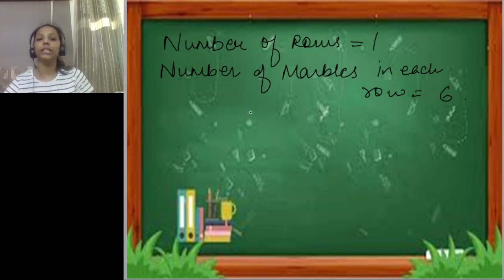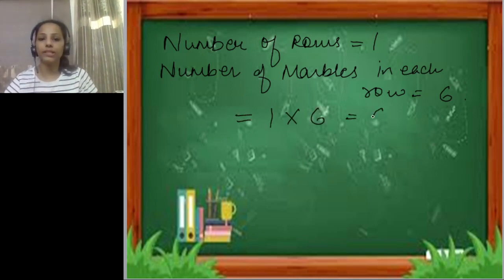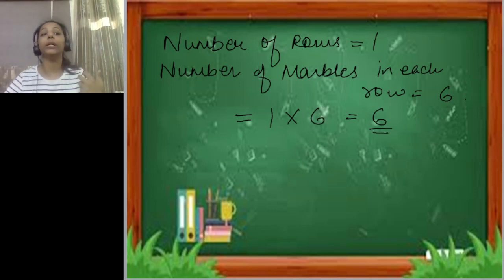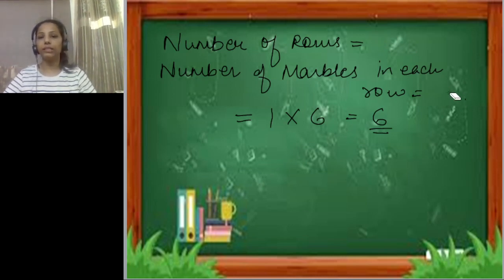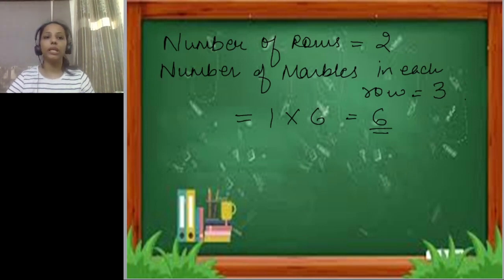So we see that the total number of marbles covered is 1 into 6, that is 6. Now similarly we can arrange in a different manner. How? We can take the number of rows as 2 and the number of marbles in each row as 3. So again the total number of marbles will be 6.